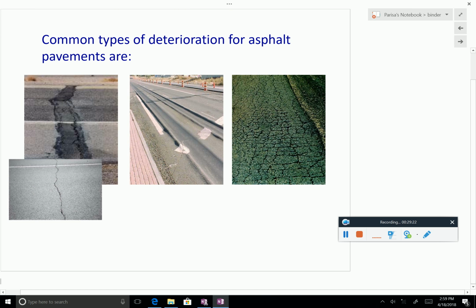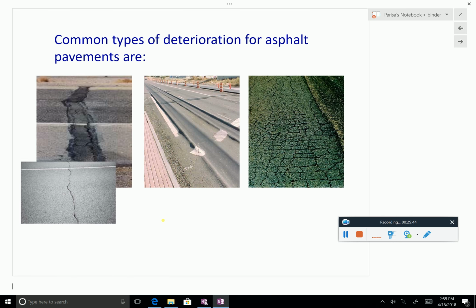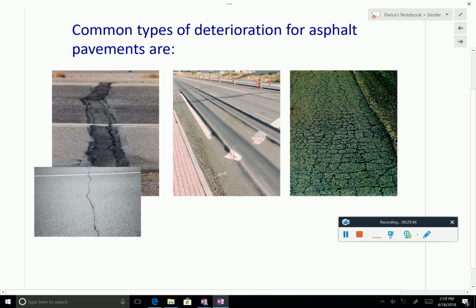Now we need to understand what type of asphalt binder we need to select for what application. And to do that, we want to see if we mess up, what type of problems we get first. So we go kind of reverse engineering in a way. Now these are the common types of deterioration. I encourage you next time you drive, don't be distracted, but try to look for some of these problems.